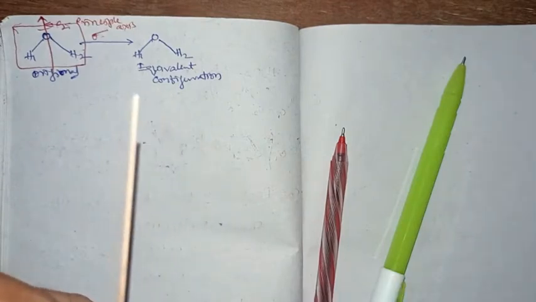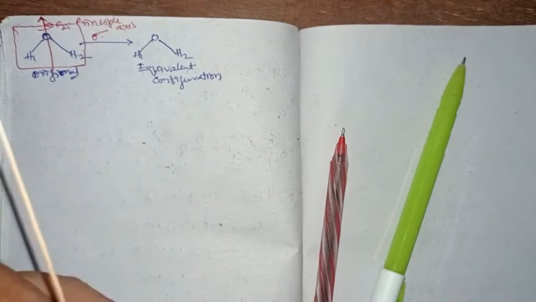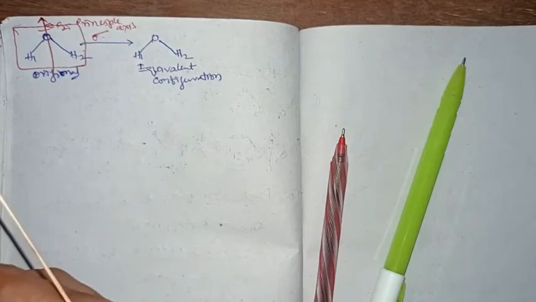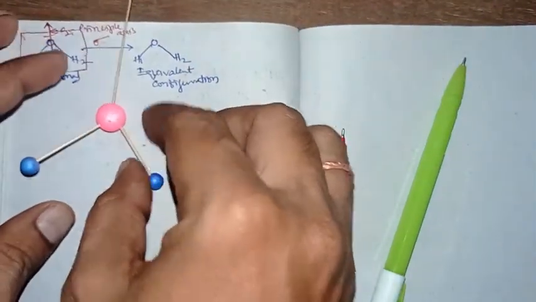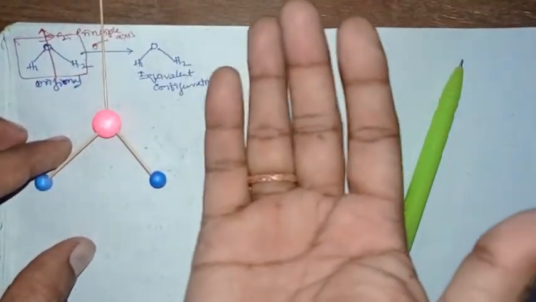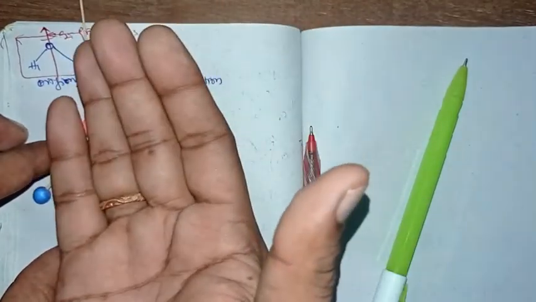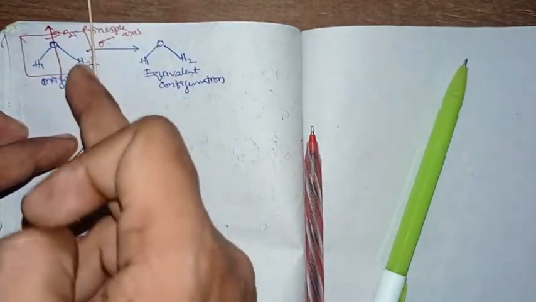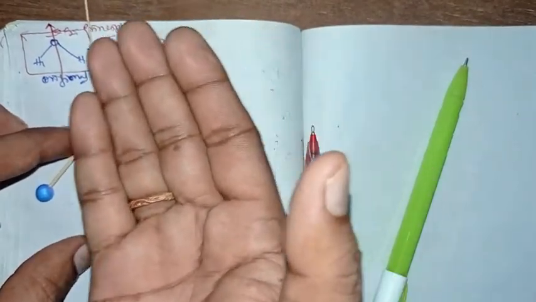So this is the rotational axis we can imagine, whereas the plane is passing through all the atoms, and it passes through the oxygen atom. The axis is passing through the oxygen atom, which means that the plane and the axis pass through each other.